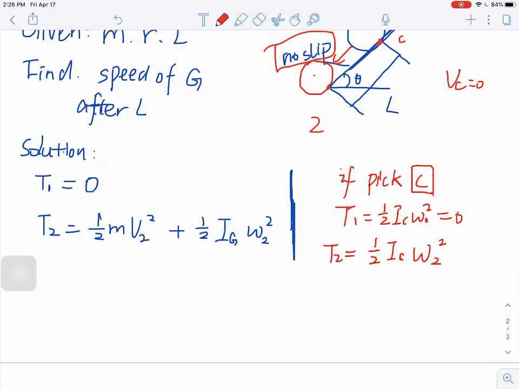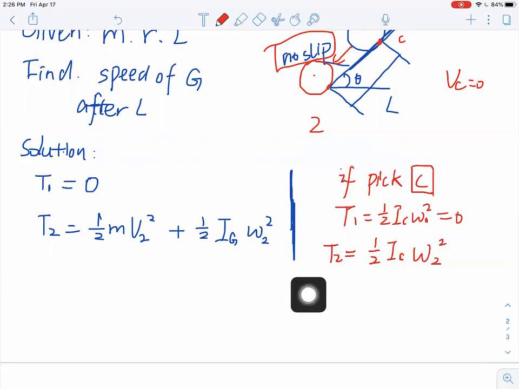And you may have the question, how come the kinetic energy at position 2 has a different expression if we pick different points to analyze kinetic energy? Actually, you will see that this IC can be expressed by IG by using the parallel axis theorem. So you eventually will end up with the same expression for T2.